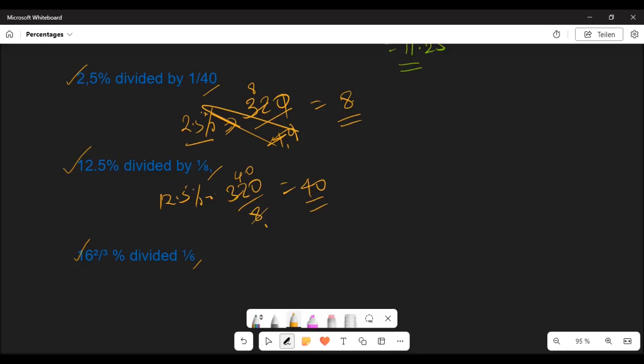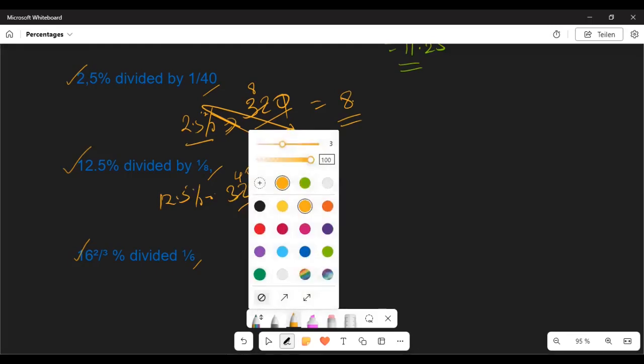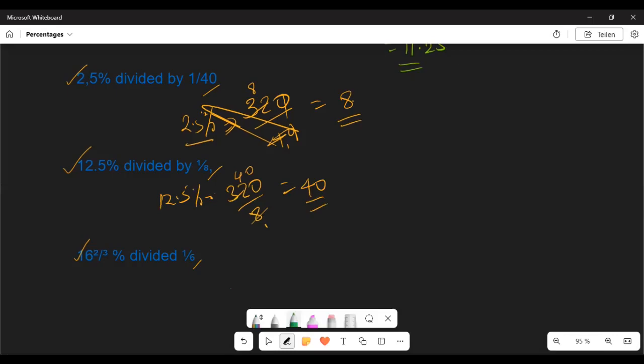So how about that oranges thing? If someone wants to know what 16.67% of a number is, in this case, let's go back to our oranges, which we were talking about. There are 15 oranges. In this case, again, what you're going to do is just basically take 15 divided by 6.